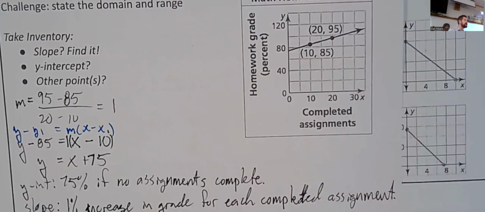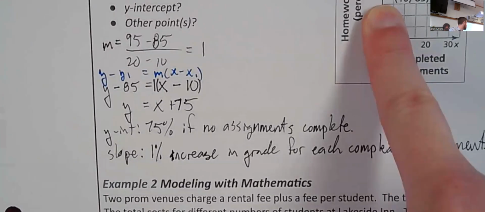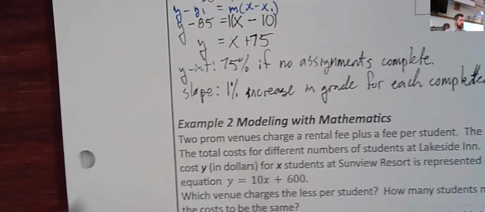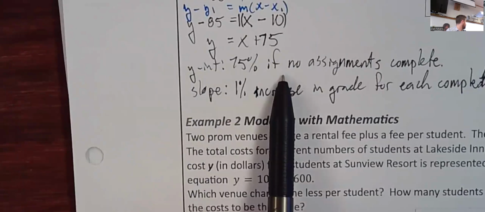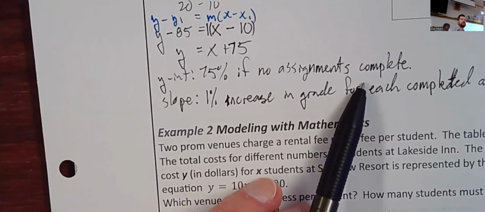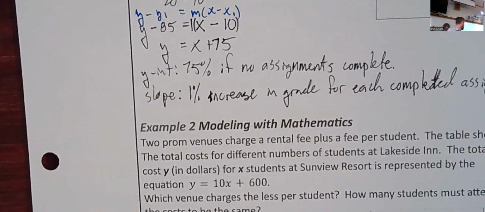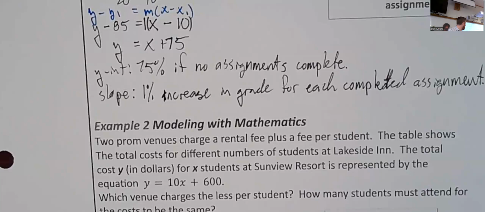I'm guessing a lot of people wish the grade was like that in most of their classes, but that's probably not the case. What this actually means is this starts at 75 because that's our y-intercept, meaning you get a 75% on your homework, even if no assignments are complete. It's a little odd.